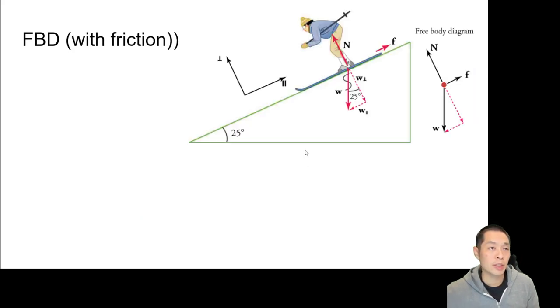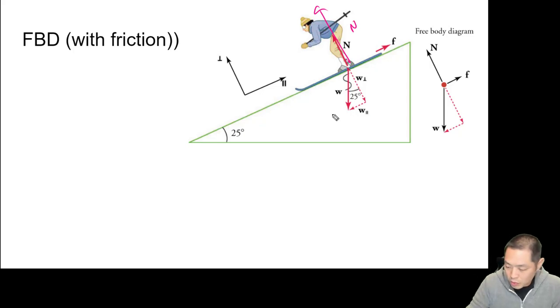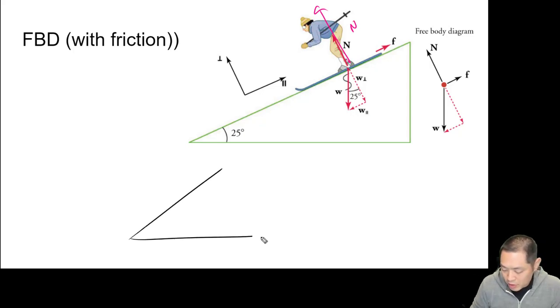So if we include friction, let me label all the forces that are here. You have force normal, and let me do it over here so it's much easier to see what's going on. So I'm going to do it without the picture, but the picture's there. So here's the ground, here's the slope. You have force normal, which is this way.